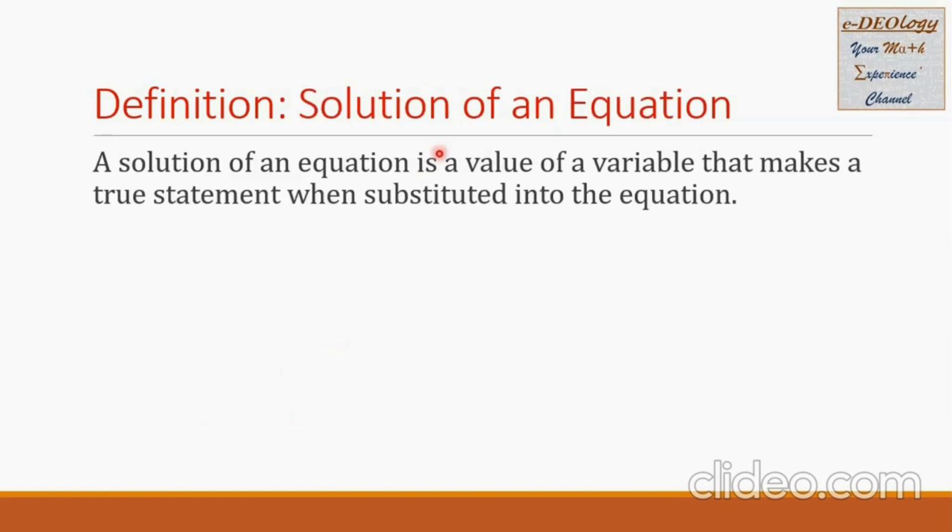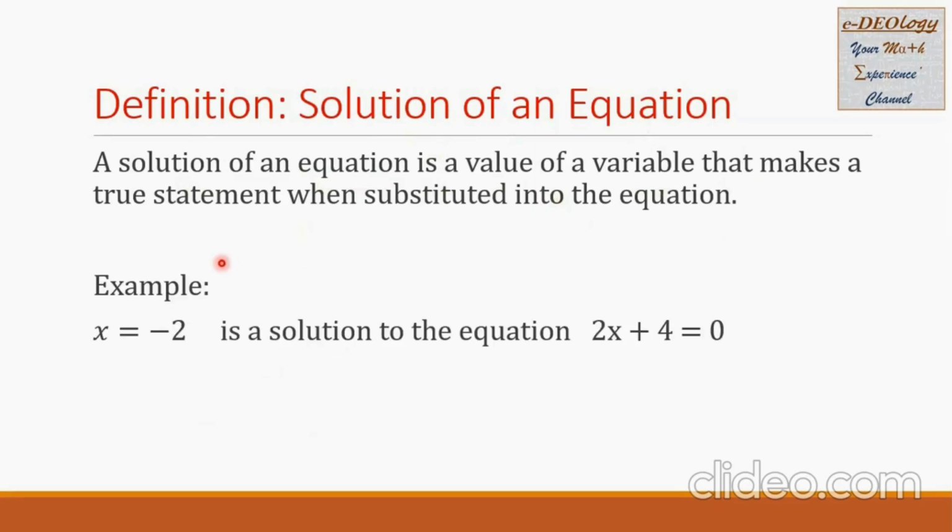Also, let us define solution of an equation. A solution of an equation is a value of a variable that makes a true statement when substituted into the equation. Example is x equals -2 is a solution to the equation 2x plus 4 equals 0.